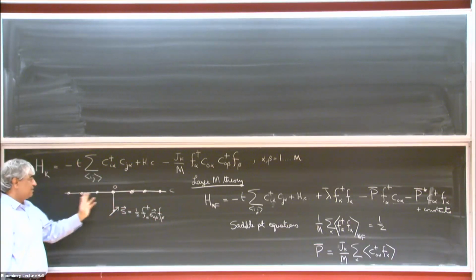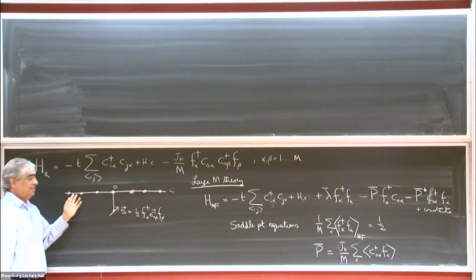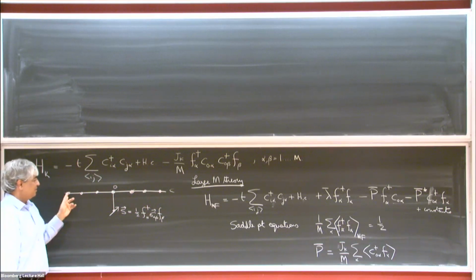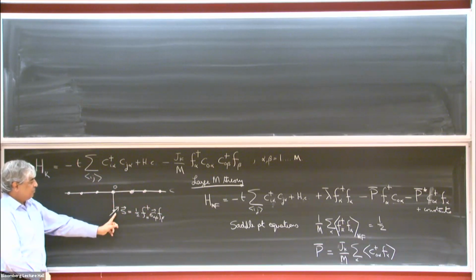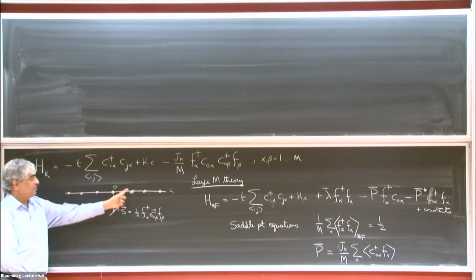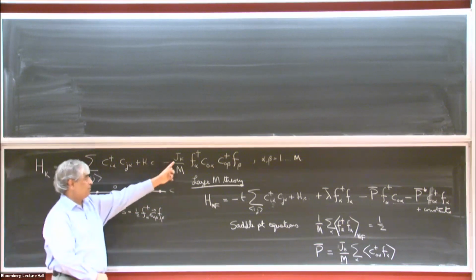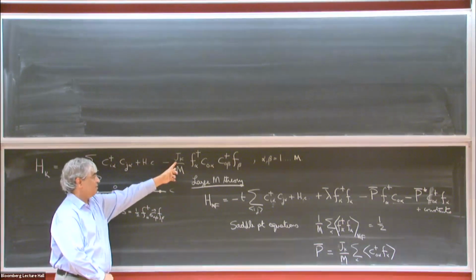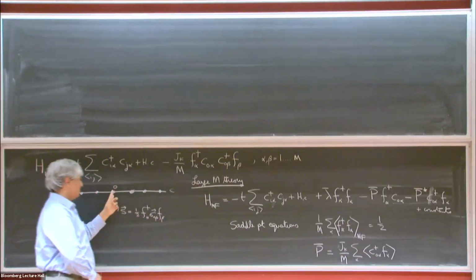So there's a metallic state here of the C electrons. This is meant to be a 2 or 3 dimensional lattice, despite the nature of the picture. And then there's a single impurity spin, which is coupled to these conduction electrons by the Kondo coupling JK, on the site 0, which is the origin right here.